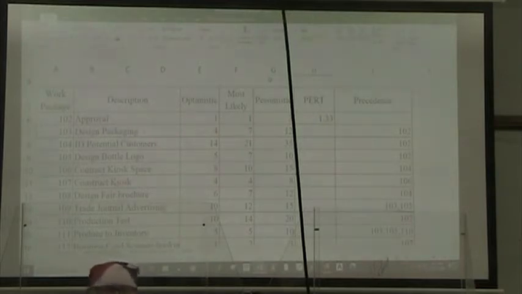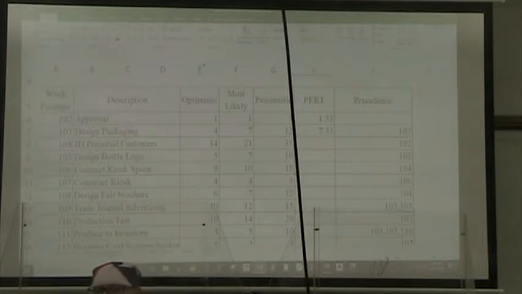I shouldn't say most likely because we're already using that term. All right, so all I'm going to do is go down and repeat that process. Equals, left parenthesis, optimistic time plus 4 times most likely time plus pessimistic time, right parenthesis, divide by 6.